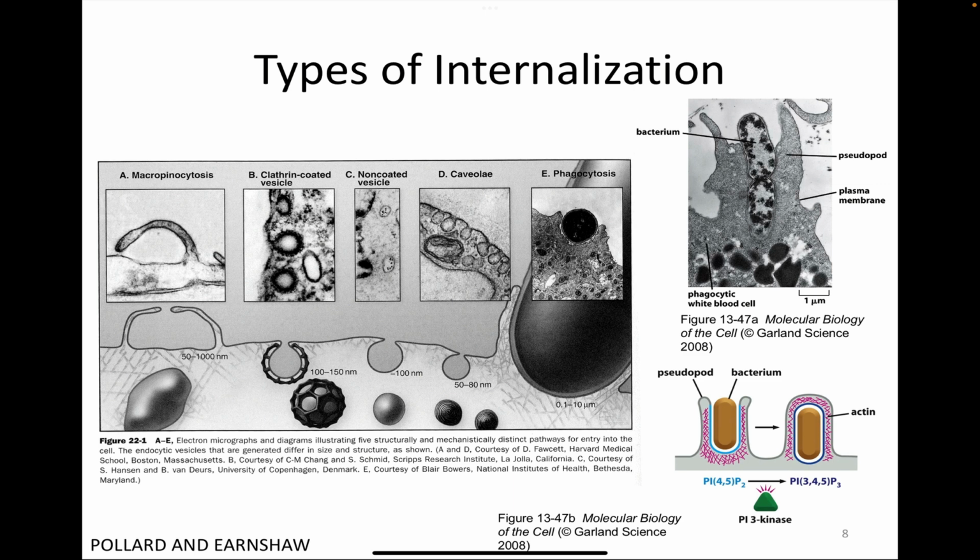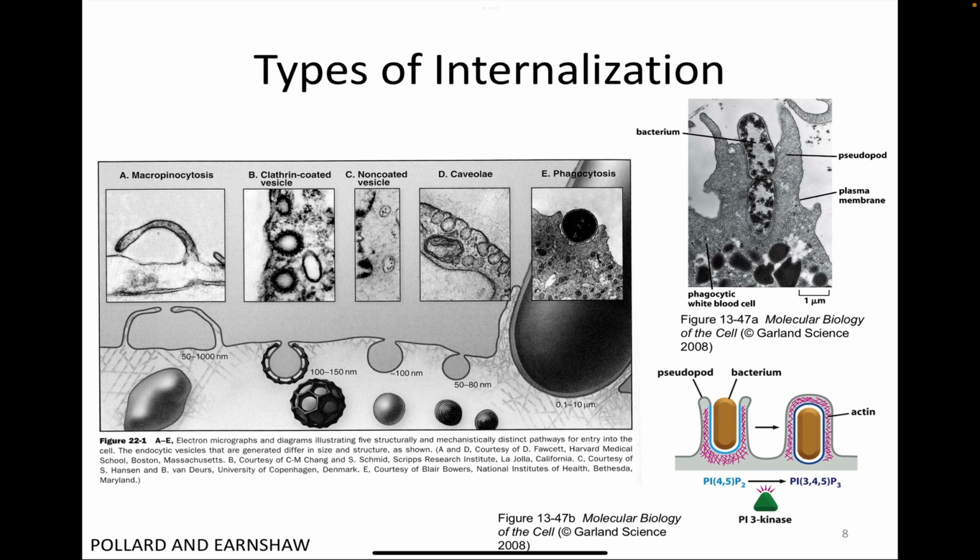If you look at this sort of area that's being made by phagocytosis compared to the other kinds of internalization, what do you notice about it? It's huge. It's way, way, way bigger. There's a lot more stuff going on with the membrane. There's a lot more going on for that phagocytosis to happen.